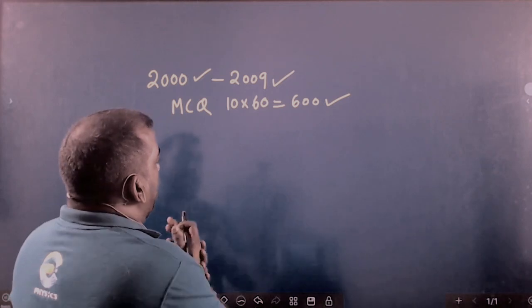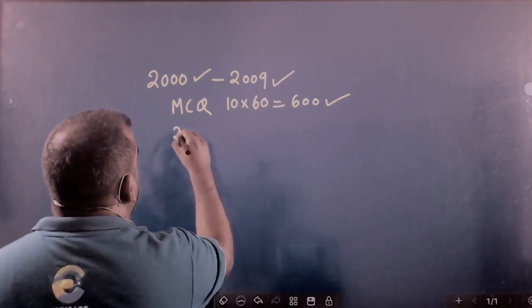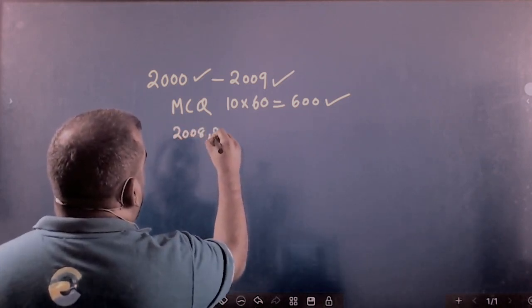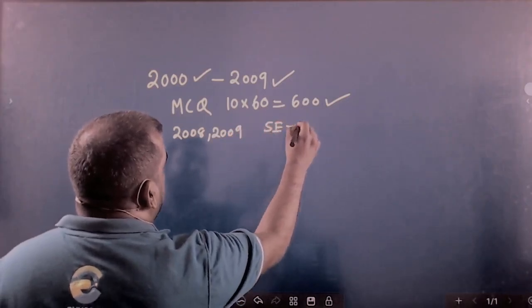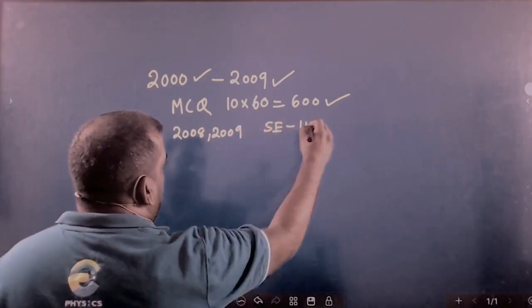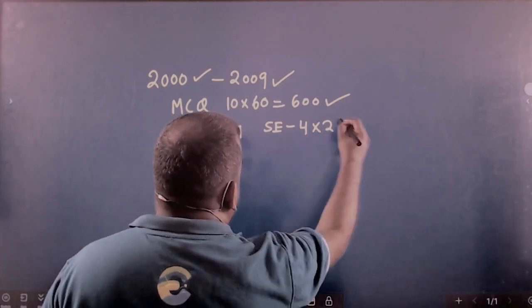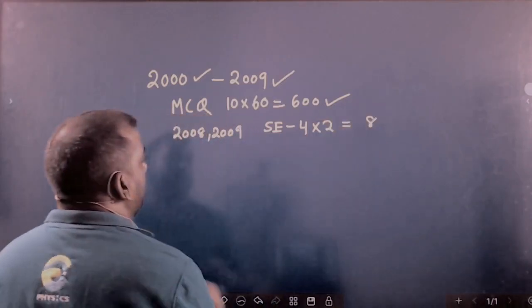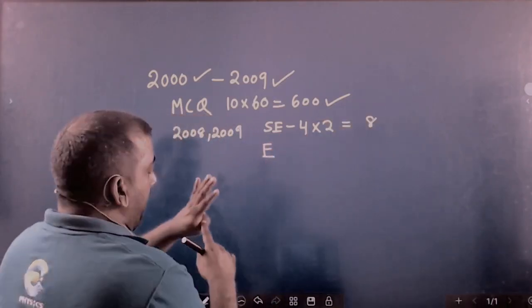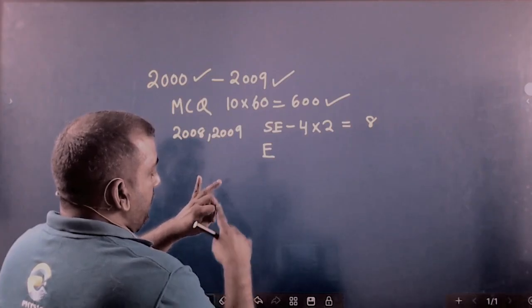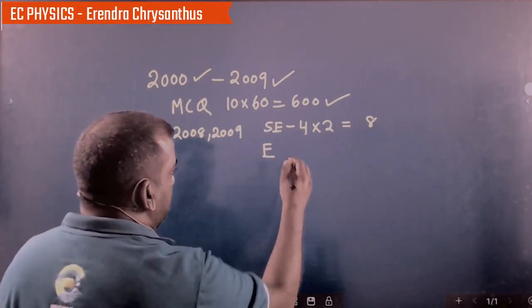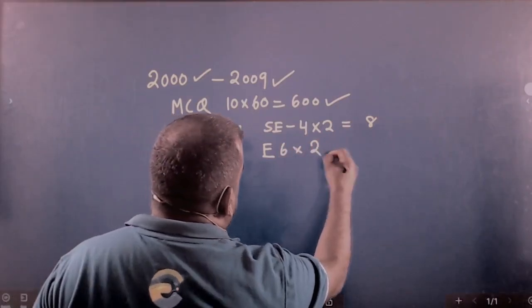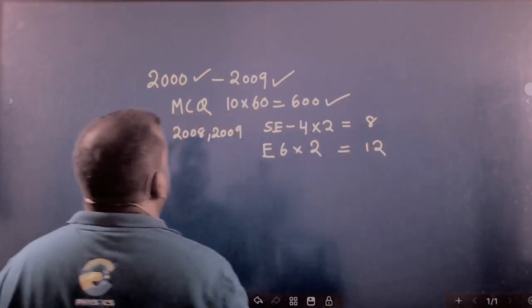2008, 2009 papers we have done, all 4 structured essays. So there we have 2 years, we have done 8 essays. We have done mechanics, waves, fields, properties of matter, electricity, thermal. 6 essays. Like that, 12 essays.